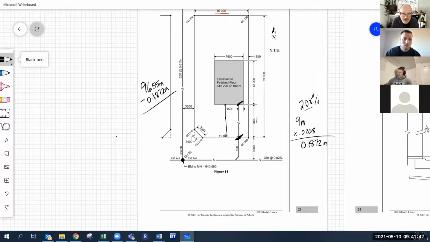And it'll get me my invert elevation at the property line. And that should equal 96.3628 is my invert right there.